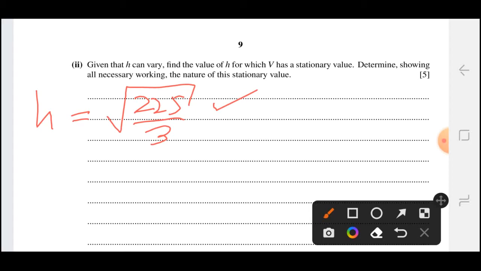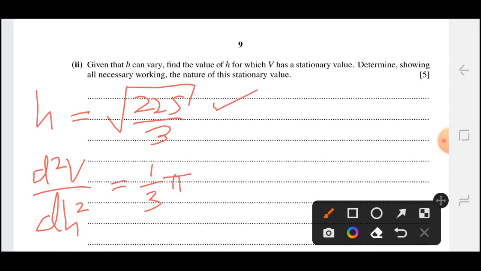Then next we have to find the nature of the stationary point. So d squared V over dh squared equals, this is what we have to find and determine whether it's positive or negative, so that we know the nature of our stationary point.